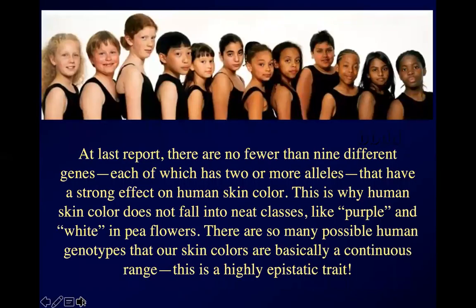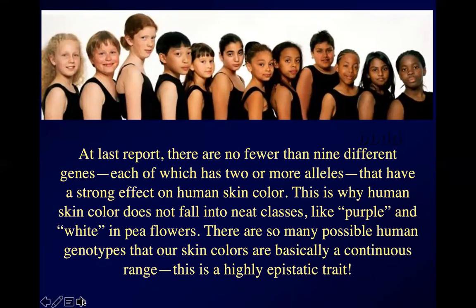By the way, if anybody was wondering about this, humans do not really come in a narrow range of colors. We are variable. These kids range from very pale on the left to very dark on the right, and there's a lot of in-betweens. The reason for this is, last I checked, there are 9 different genes that all have an effect on human skin color, and each of those genes has 2 or more alleles.